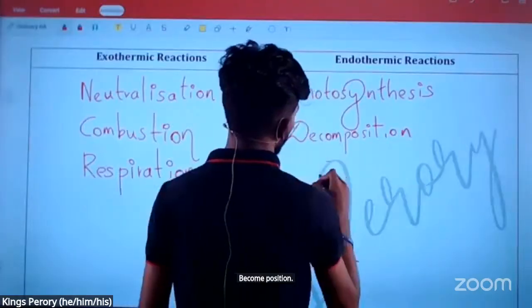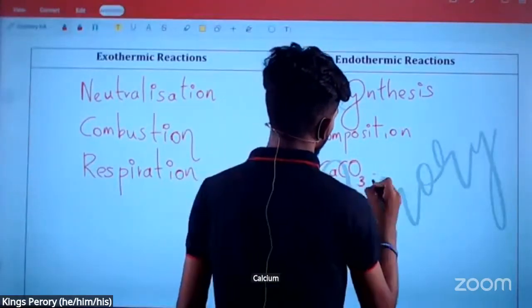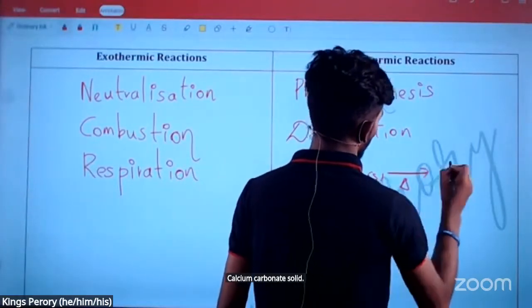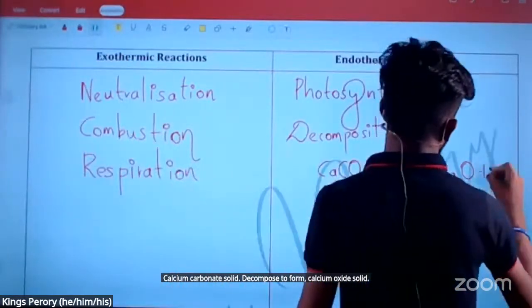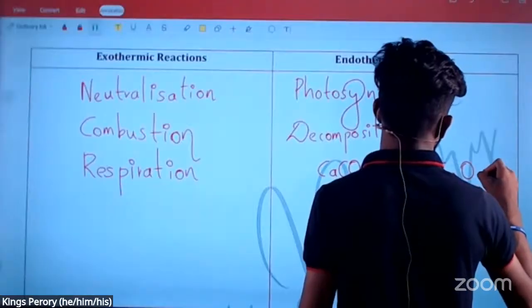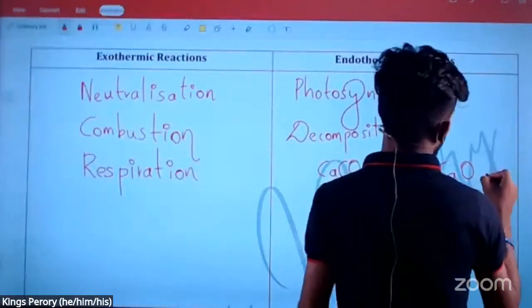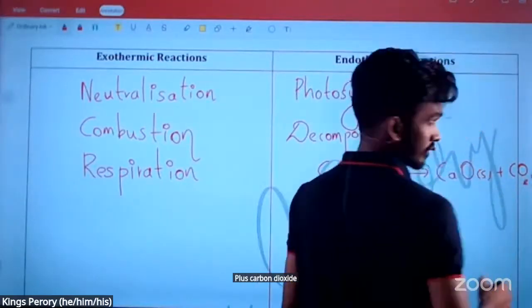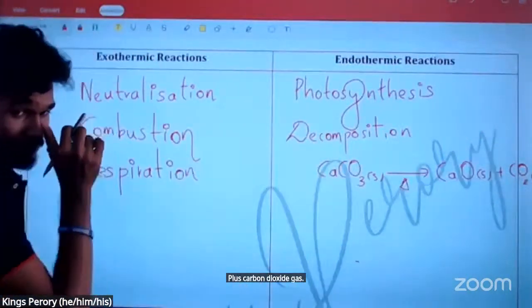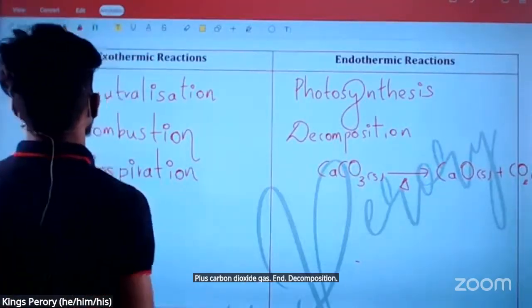If I give an example, calcium carbonate solid decomposed to form calcium oxide solid plus carbon dioxide gas. Endo. Decomposition.